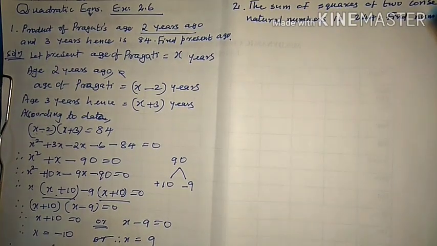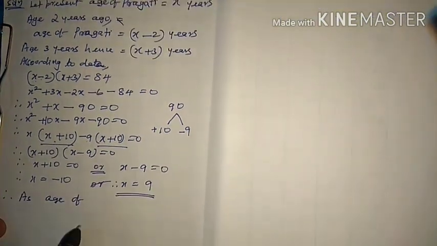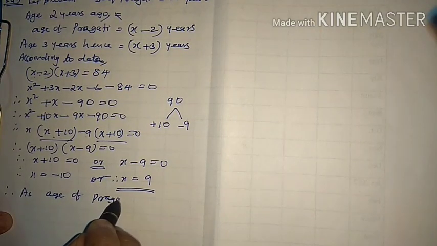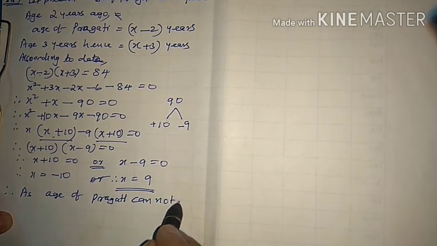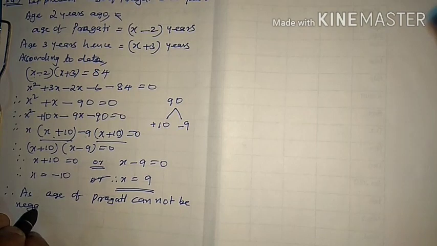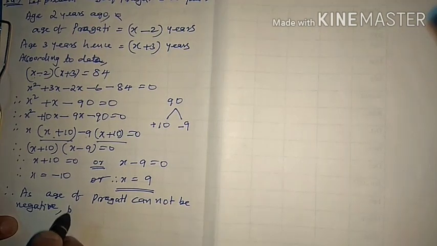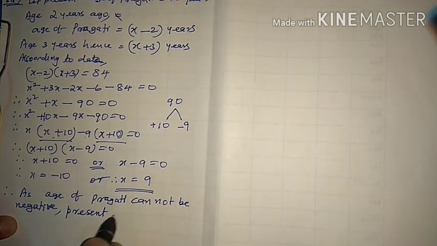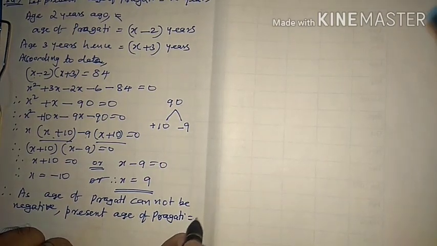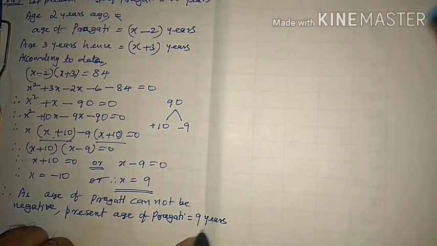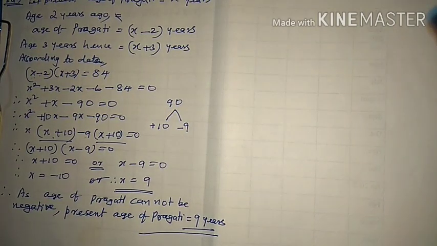Therefore, the age of a person cannot be negative. The present age of Pragati is 9 years.